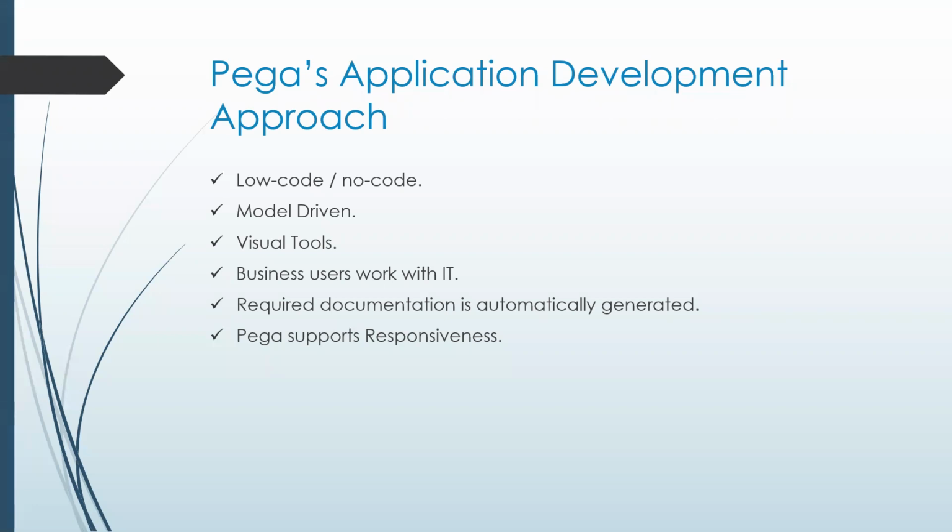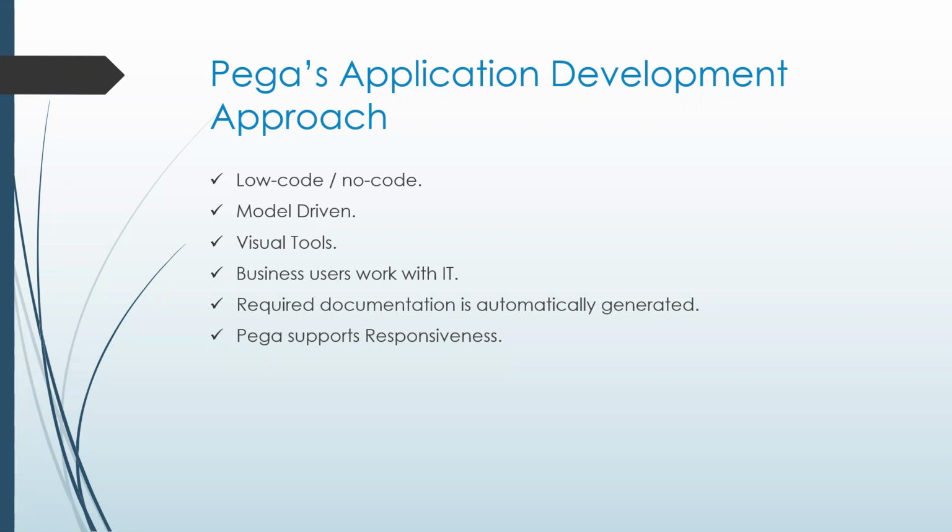Case type is what we would be designing. Most of the tools that we deal with are visual tools. I don't say that they're simple drag and drop. No, it's not that simple. But yes, most of them are visual tools. And business users work with IT. Yes, I think we have thrown enough light on this.